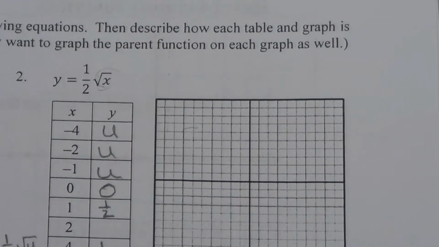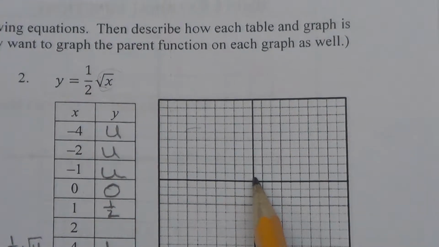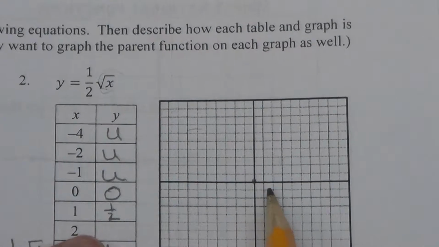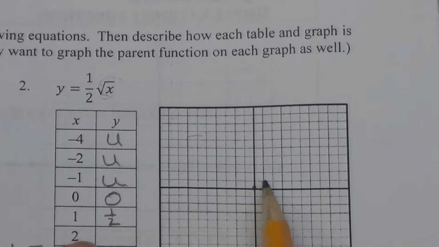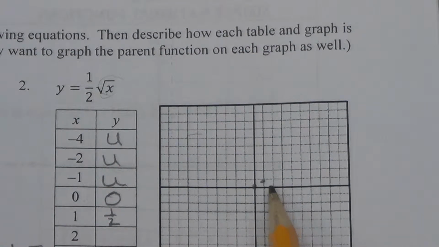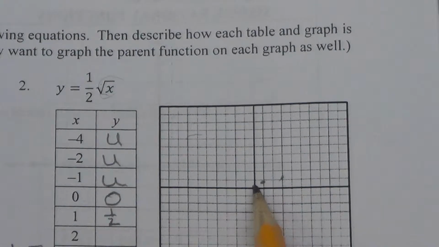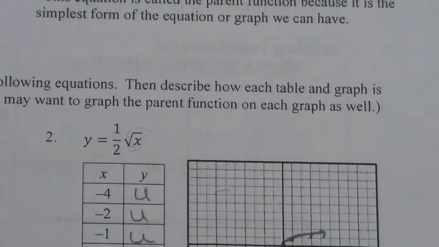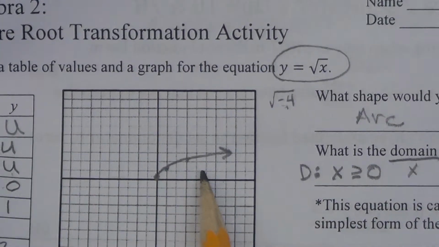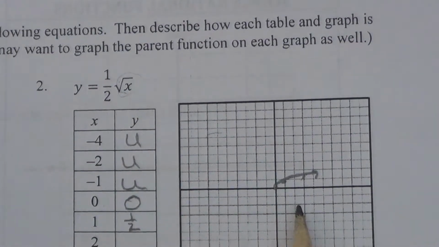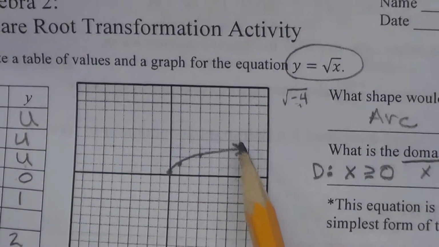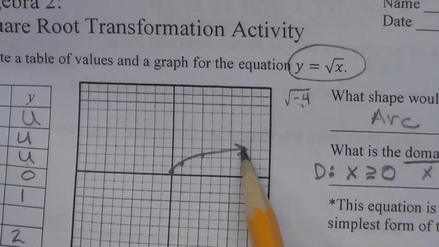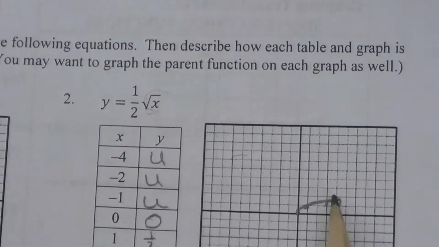So to graph this, we start at 0. At 1, we go up to 1/2. And at 4, we only go out to 1. So you see a different view from here to here. If you look at it and think of this area right there, we've really shrunk this down to the x-axis.